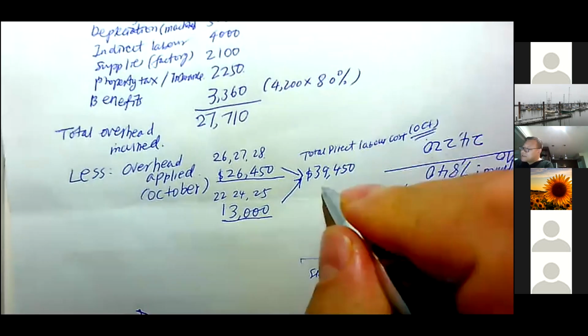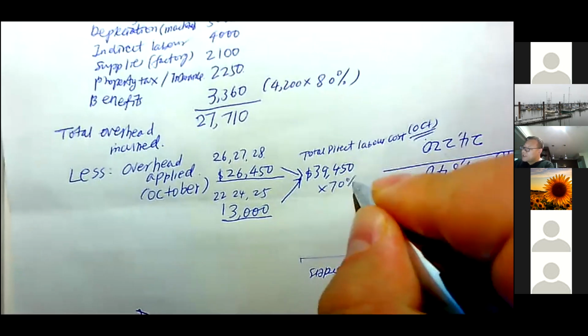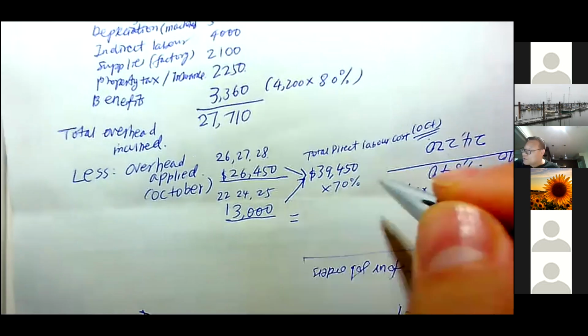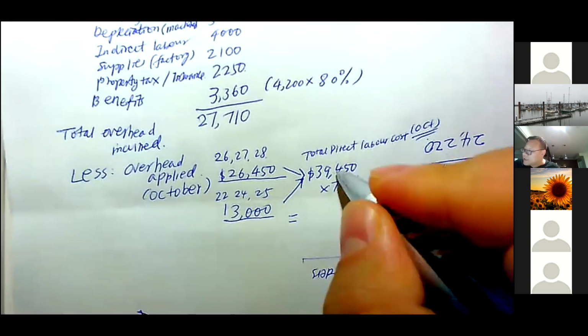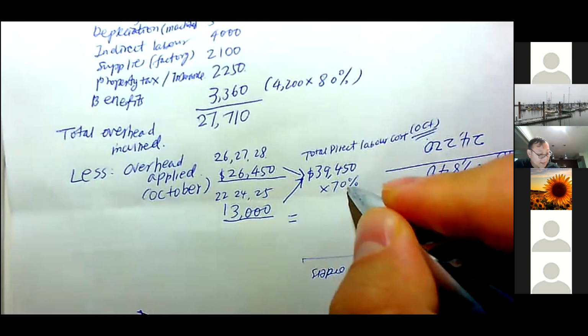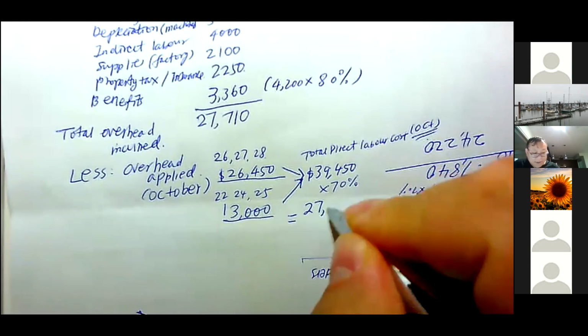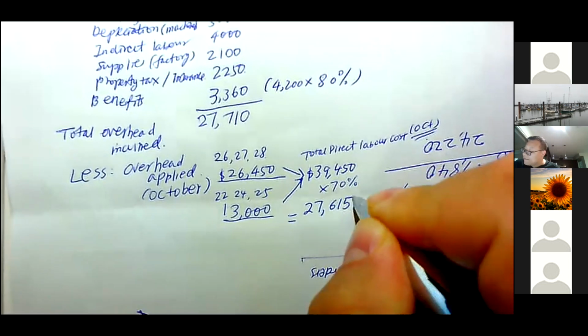But I had to times 70% to figure out the applied cost, right? So to figure out the applied overhead, I need to use direct labor times 70%. So this number is 27,615.